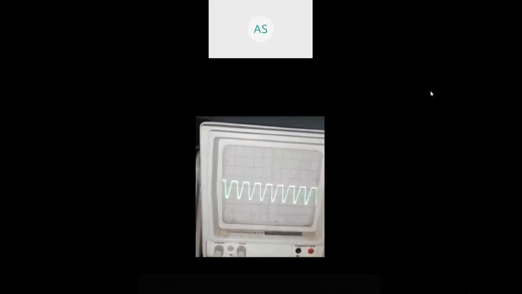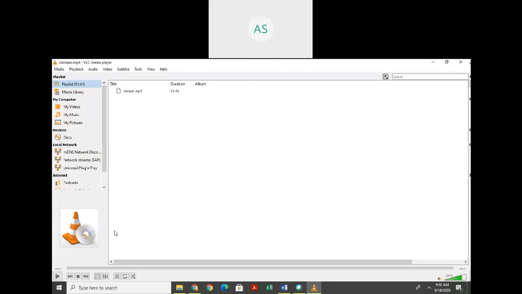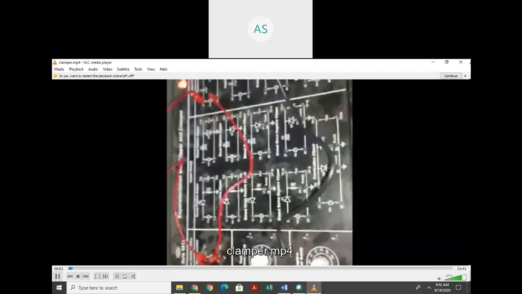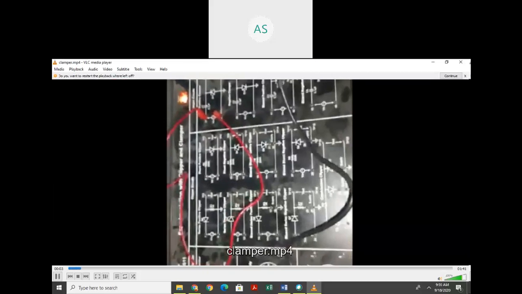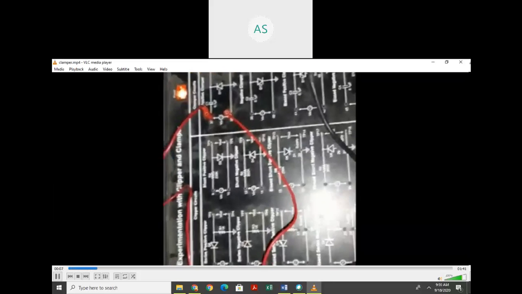Input is connected between point 15 and 16, and output is connected, this is ground and this is positive terminal. Output is connected between TP11 and TP12, and input is connected between 15 and 16.